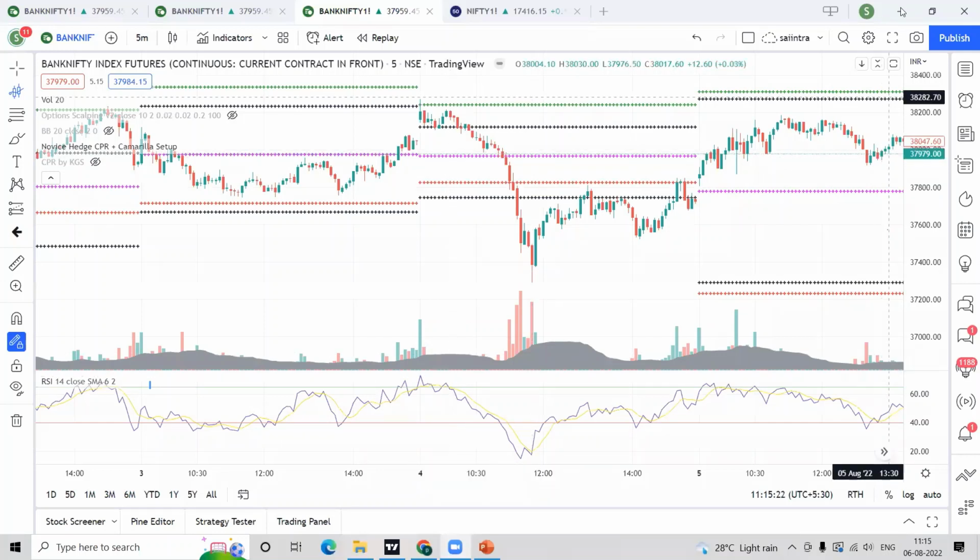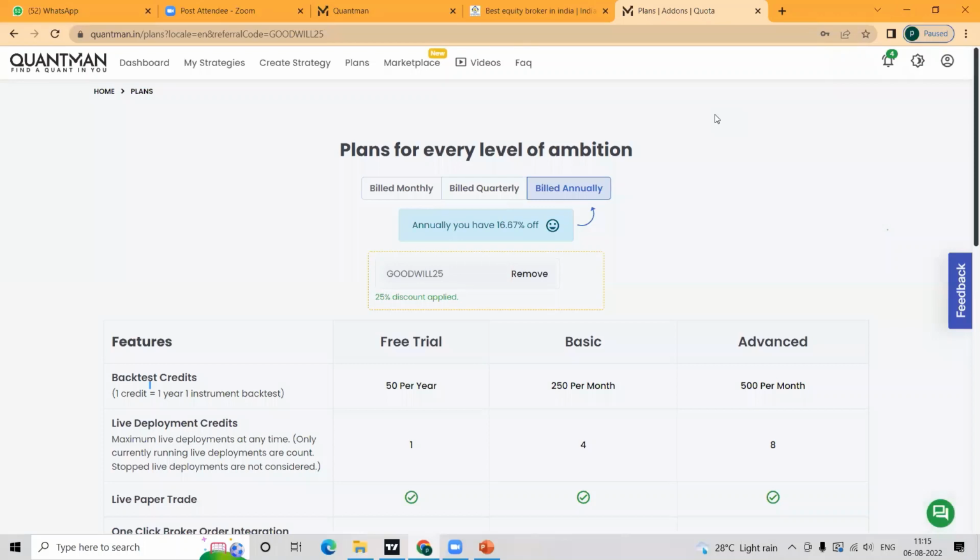Because I am not going to take this session in a boring way, I wanted to make some interesting stuff. Everyone knows intraday option selling, the 9:20 straddle, because it is very famous. Everyone thought that if we do the 9:20 straddle, we will end up in profit.